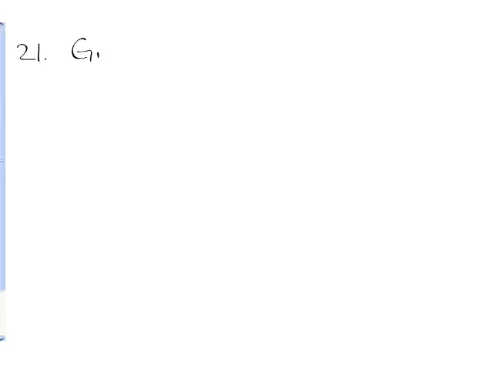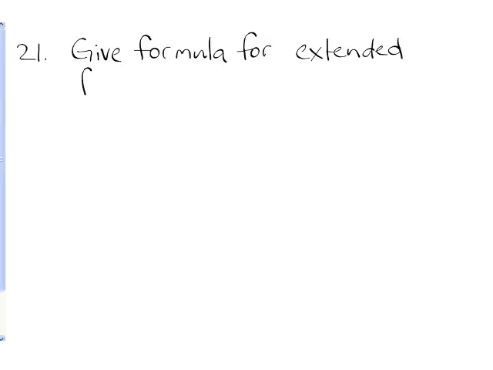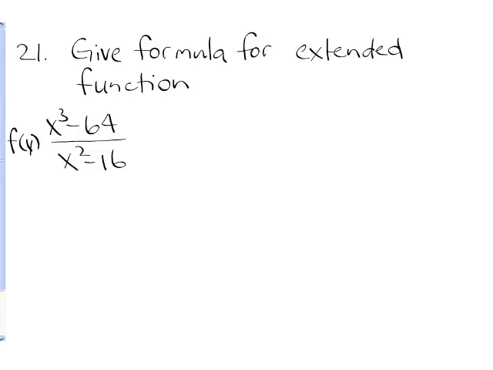Give a formula for an extended function. So this is going to be x cubed minus 64 over x squared minus 16, and f of x, that's what it equals.